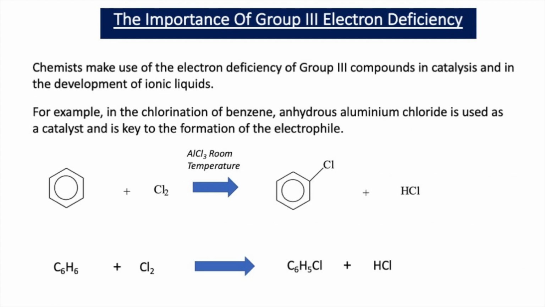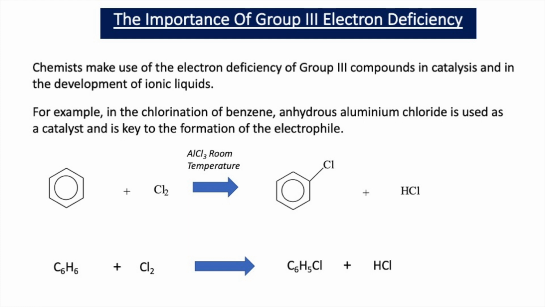So we've just seen that group 3 compounds such as BF3, AlCl3 and BCl3 are electron deficient. Chemists make use of the electron deficiency of group 3 compounds in catalysis and in the development of ionic liquids. For example, in the chlorination of benzene, we use anhydrous aluminium chloride as a catalyst, and this compound is key to the formation of the electrophile.